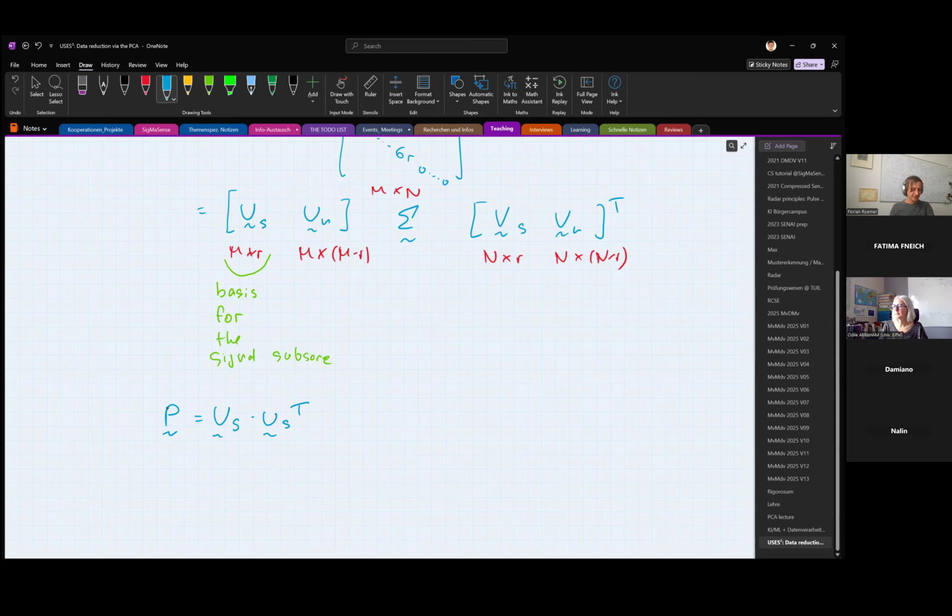We will use exactly this to project our data, and that is basically the essence of what the PCA does. The PCA does this step, the US transpose step, at the encoder, let's say, where you compress the data. And this step here, the US, is the decoder if you want to reconstruct the data. That's exactly what you do.